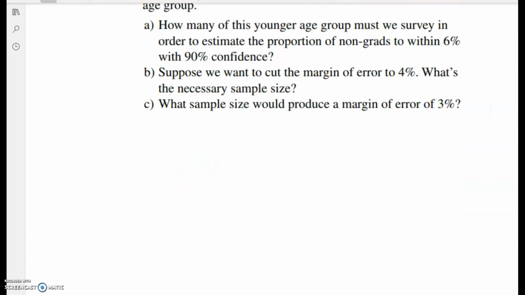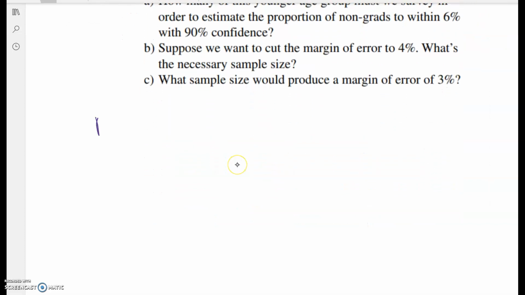Okay, so before we start this question, let's do a quick review of the basic confidence interval formula for a categorical variable. You start with your point estimate, the result from the sample, p hat, plus or minus your critical z-score, which depends on your confidence level, times your standard error, which is square root p hat q hat divided by n.